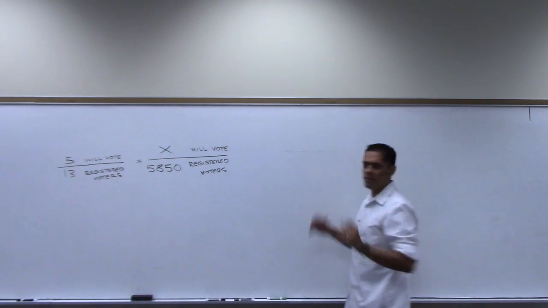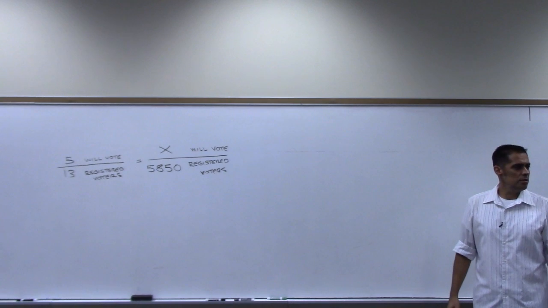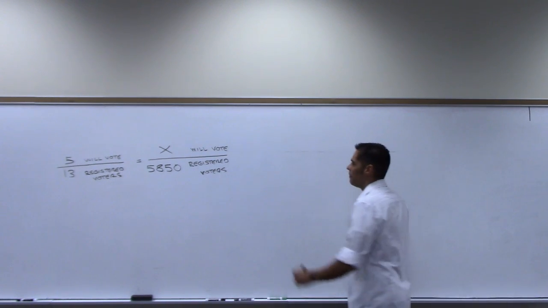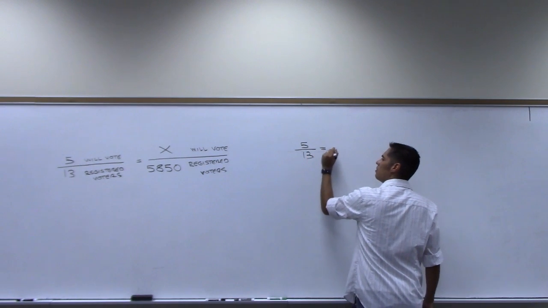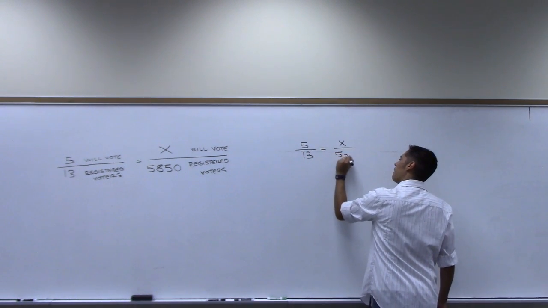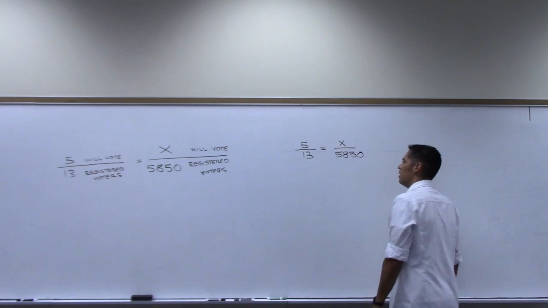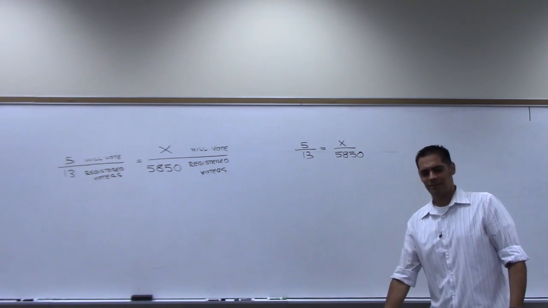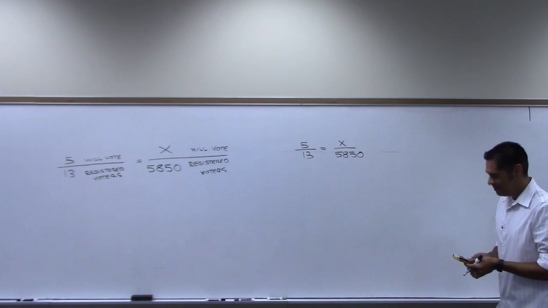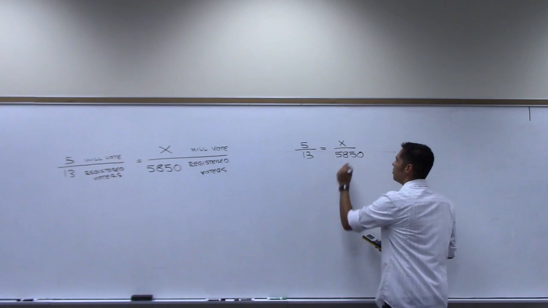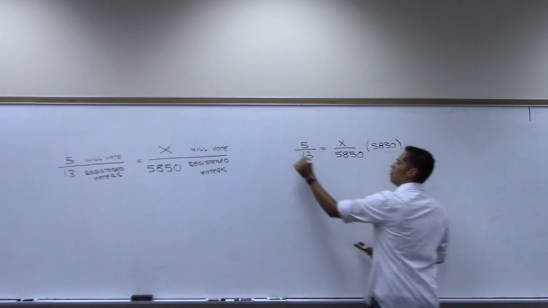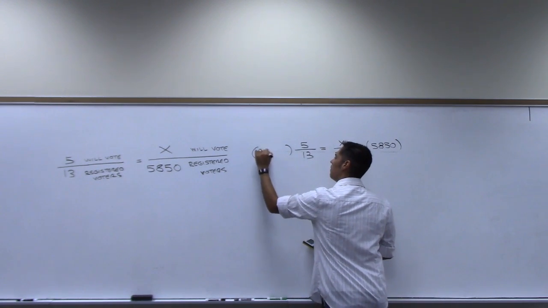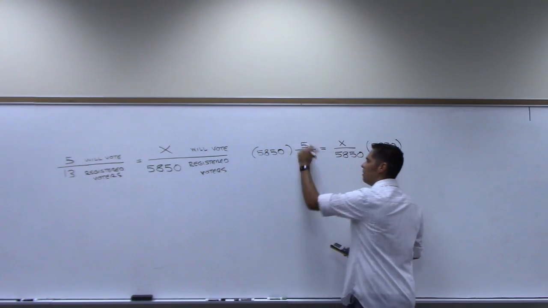And then all that other stuff doesn't matter, right? You can just write this as an equation. Does anyone have any questions? Yes, you could cross multiply. But I'm going to do it by just multiplying both sides by 5850. And then I'll just work this out.